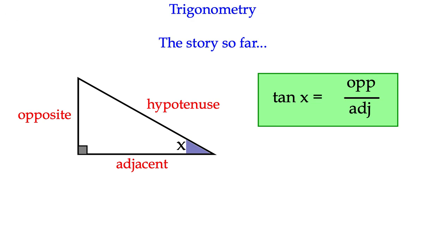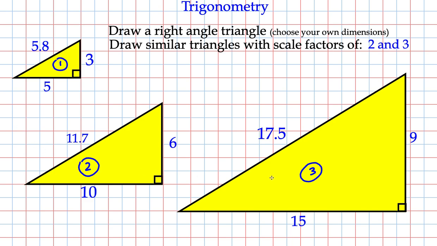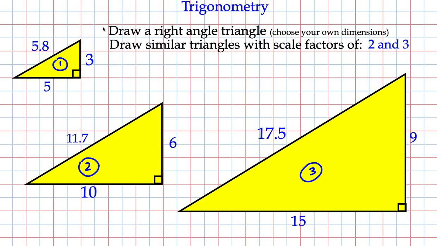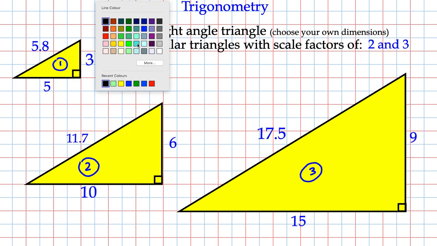If you remember back to the first lesson, if you were working with me, we did this idea that if you've got a right-angled triangle and you enlarge it any number of times that you want, this first one has been enlarged by a factor of 2 and 3. And what we found was that these two sides, what later became known as the opposite and adjacent, which we called the base and the height, always gave us the same ratio.